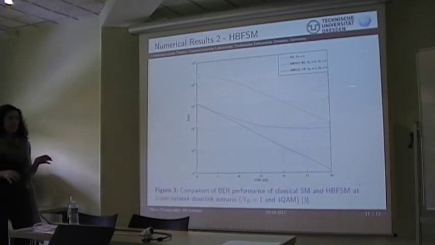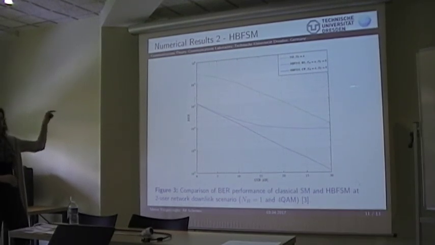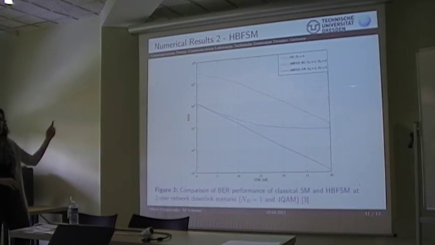For each data stream, 4 transmit antennas are used, and one of them is active. And for the hybrid beamforming case, 4 antenna arrays are available, and one of them is active. So in both cases, only one RF chain is active, with 2 bits from spatial modulation and 2 bits from QAM.